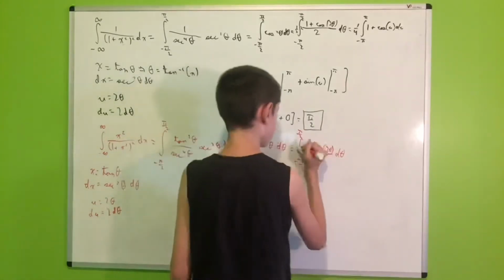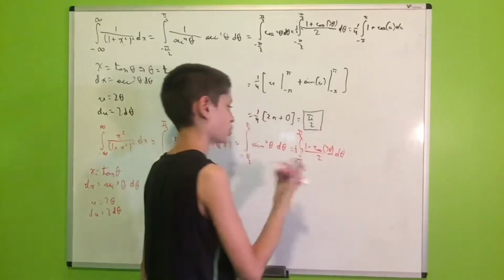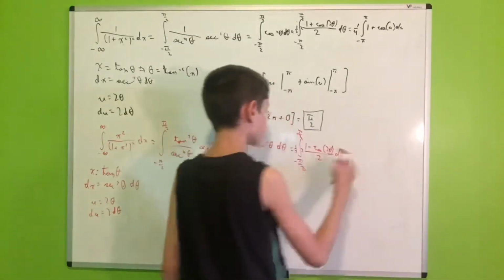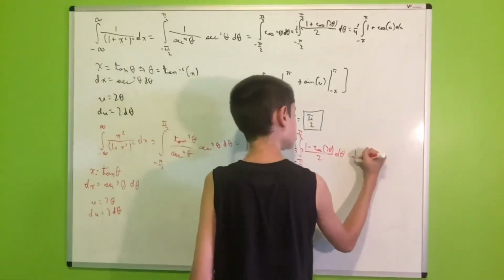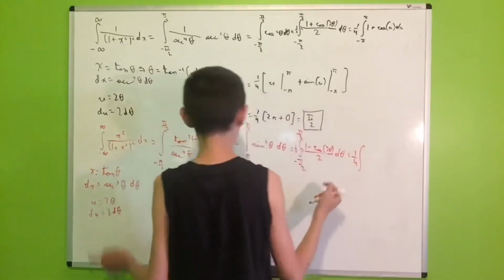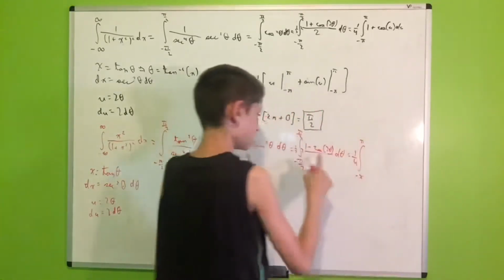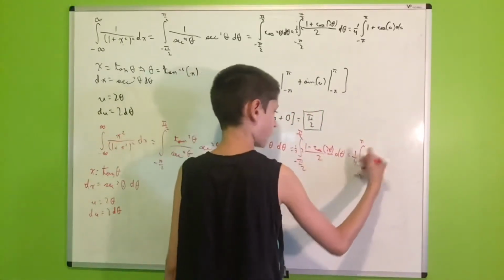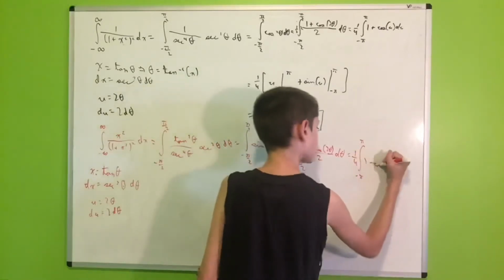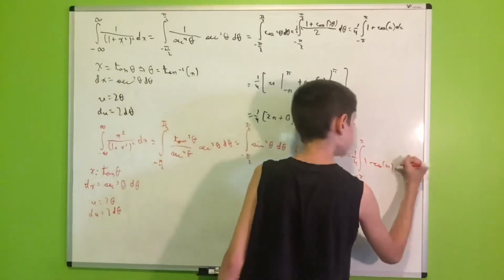As before, to get our 2, we will divide and multiply by 2. So then the 1/2 will combine to be 1/4, and our bounds will go from negative pi to pi because of our substitution. And now we will get 1 minus cosine u du.